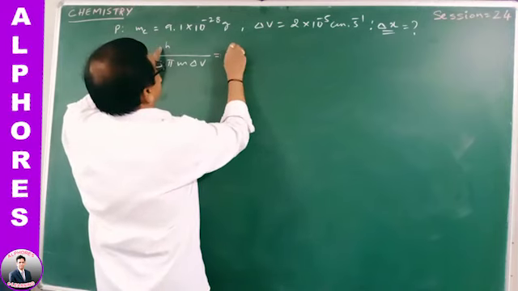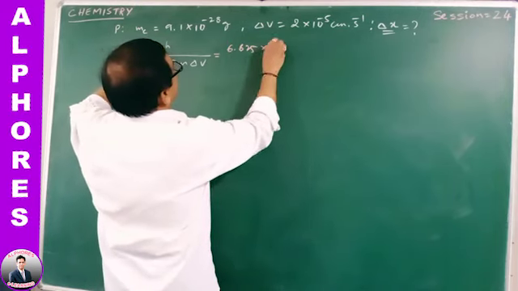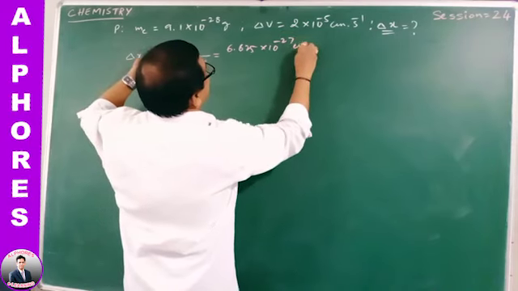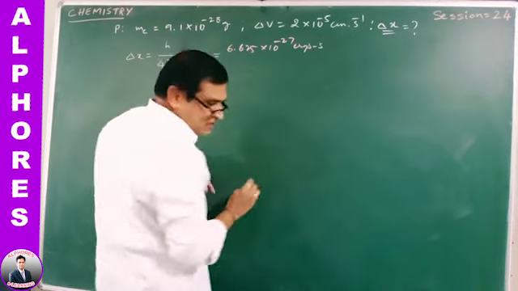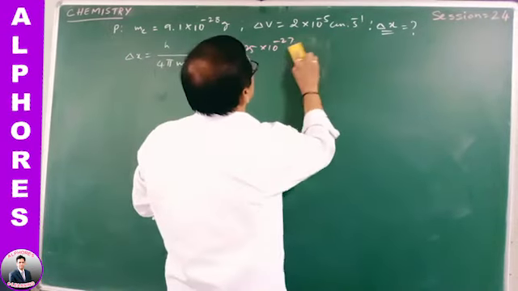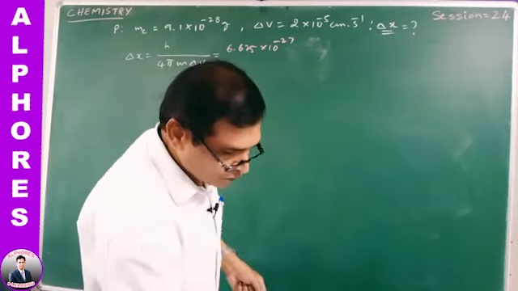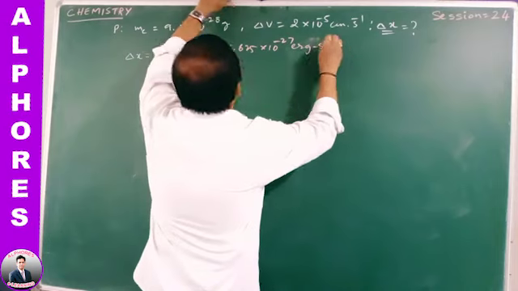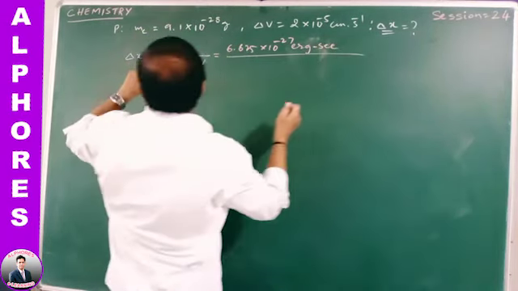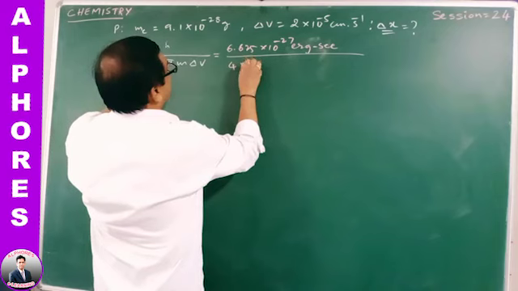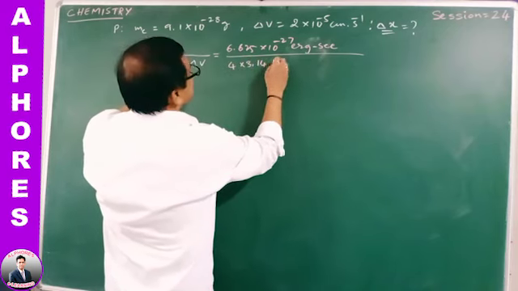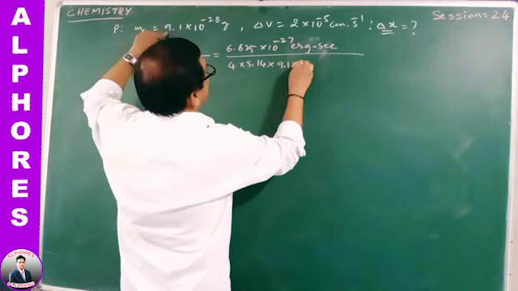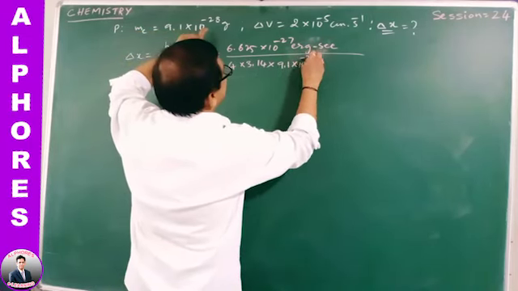h is 6.625 into 10 to the power minus 27 erg seconds, by 4 into 3.14 into the mass of the electron, given as 9.1 into 10 to the power minus 28 grams.